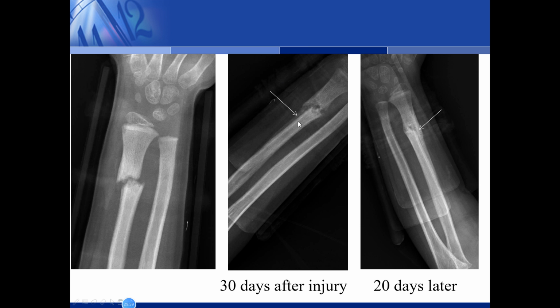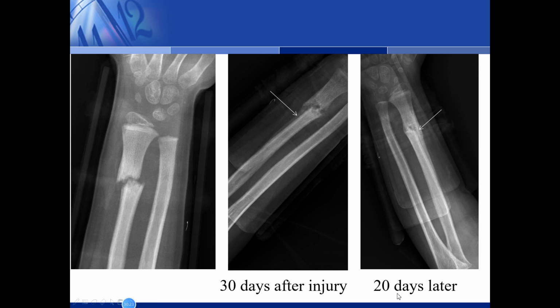After 30 days, we could see the proliferation reaction just outside the cortex, and we could find the fracture line in it.